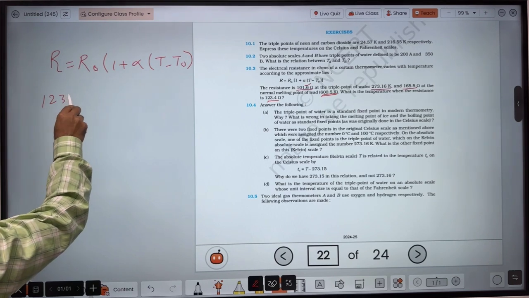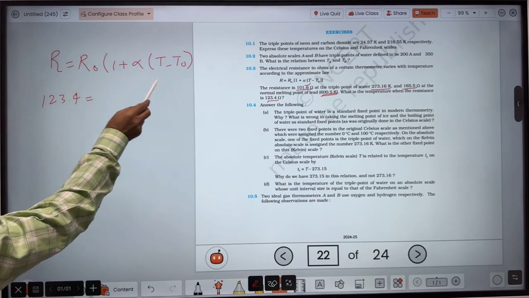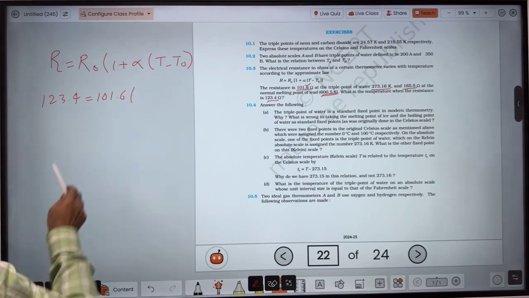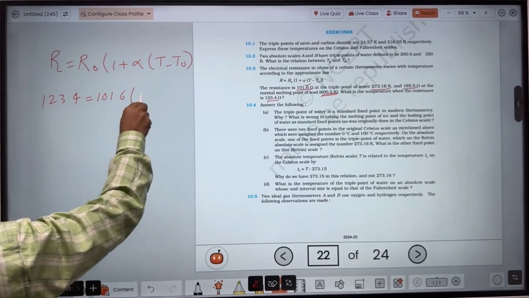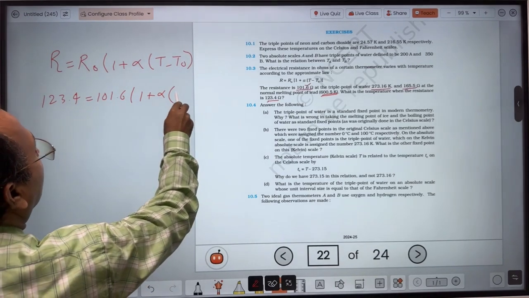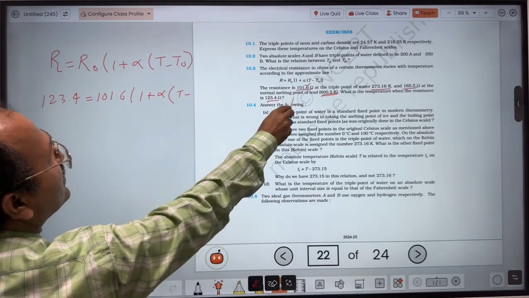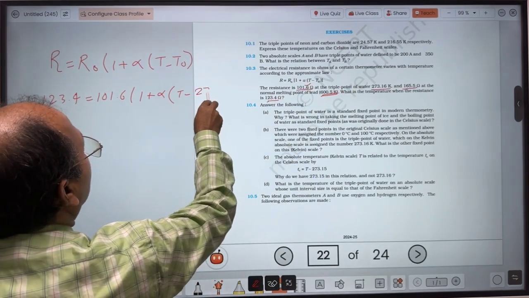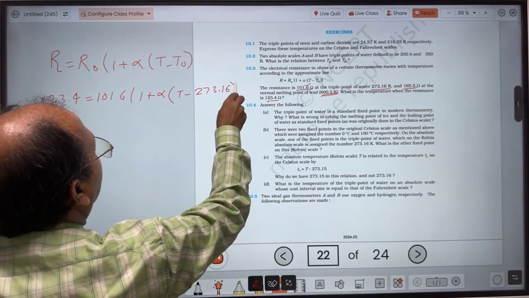So 123.5 equal to R0, which is given as 101.6, into 1 plus alpha into T minus T0. T0 is this temperature, 273.16, right?